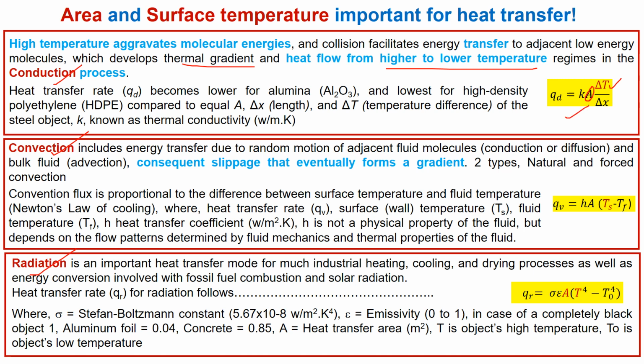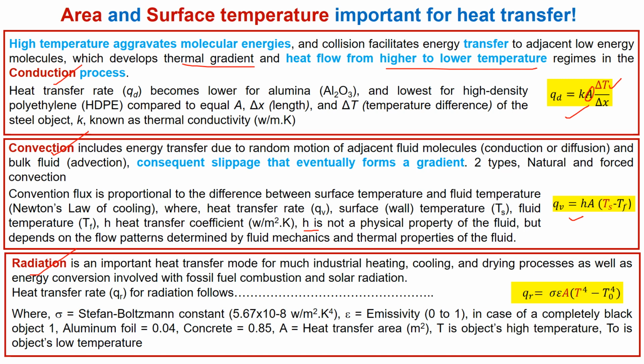Convection flux depends on the random motion of adjacent fluid molecules, where h is not a physical property of the fluid, but depends on the flow patterns determined by the fluid mechanics and thermal properties of the fluid.